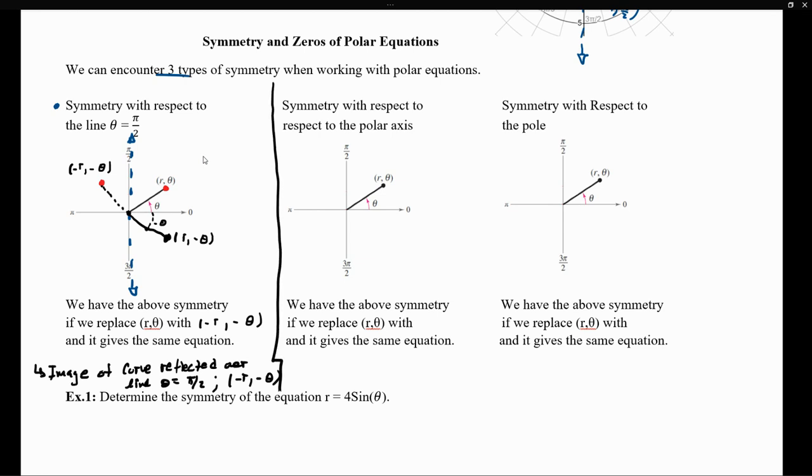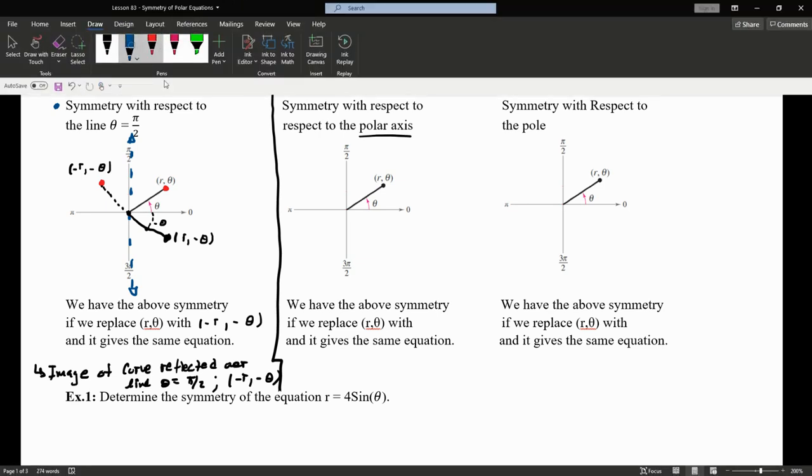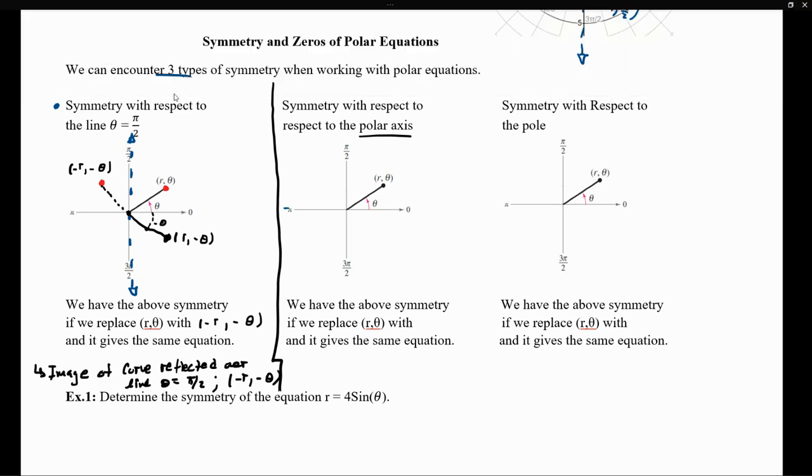So now another type of symmetry that we could have gotten is something that we call a symmetry with respect to the polar axis. Now the polar axis, you can think about it as just the x-axis. And now we're going to try to do the same.